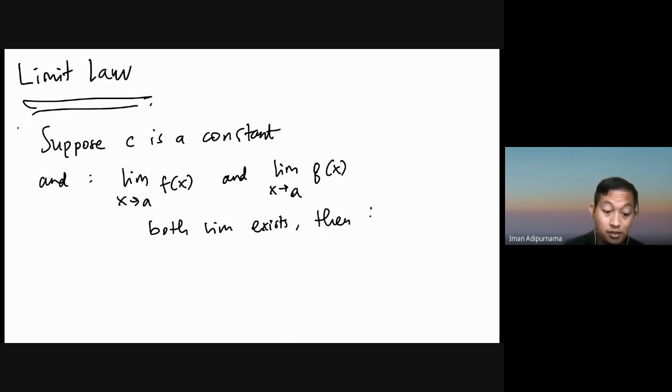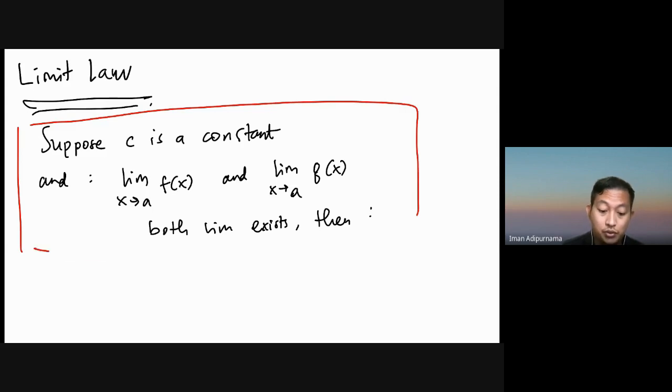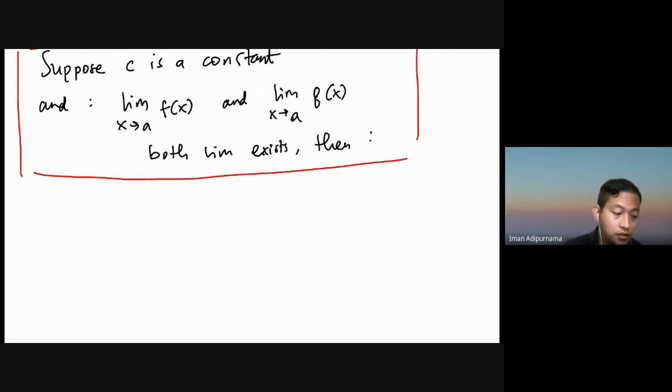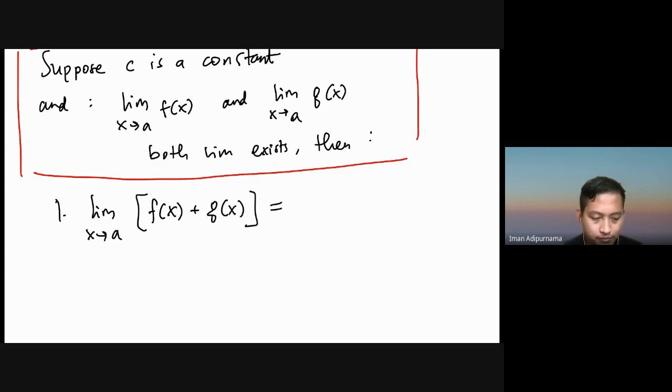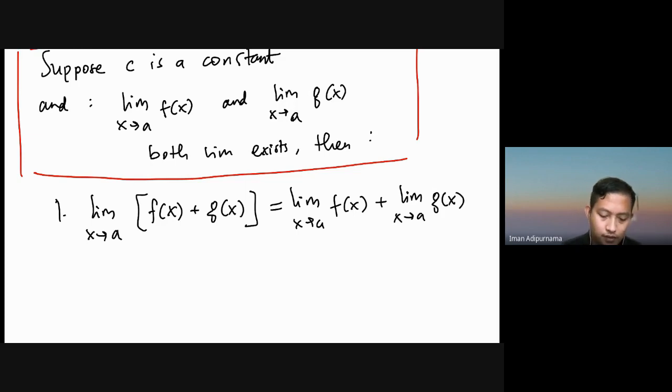Then, this is the important thing here. You need to know first that both limits exist, and then you can do all this simplification, or all of this law. So first, you can make the sum, plus, and also the difference.